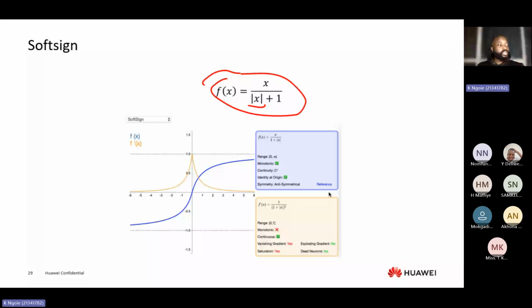So whatever number you have, it's going to make sure the number is positive. The softsign is also an activation function, and it also takes any real value and turns it into a value between -1 and 1.